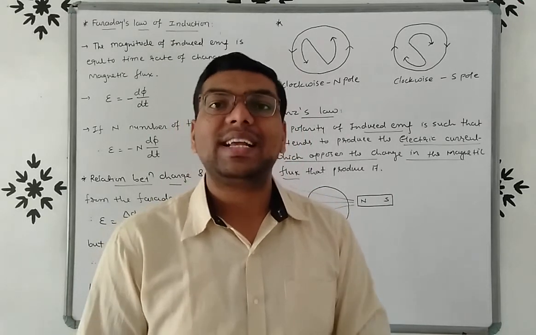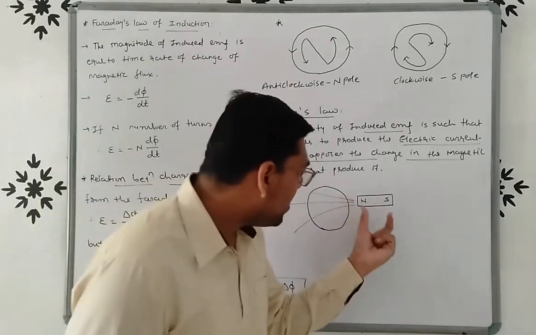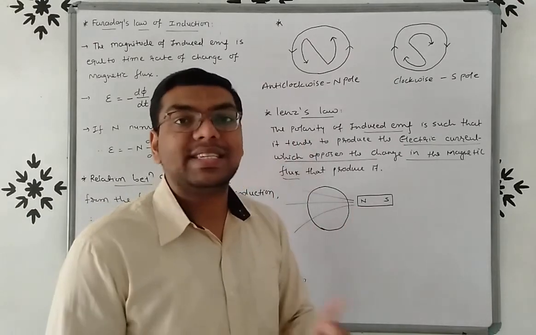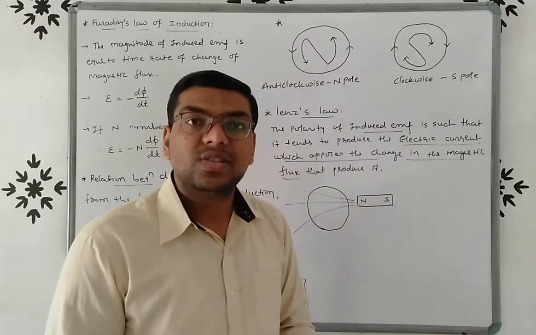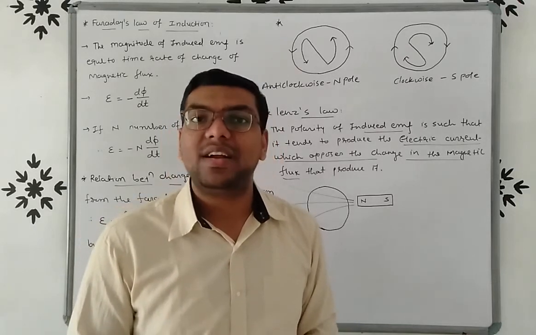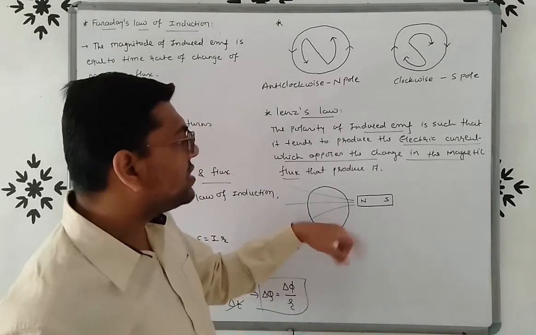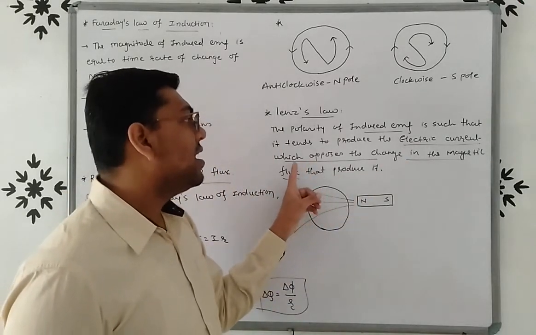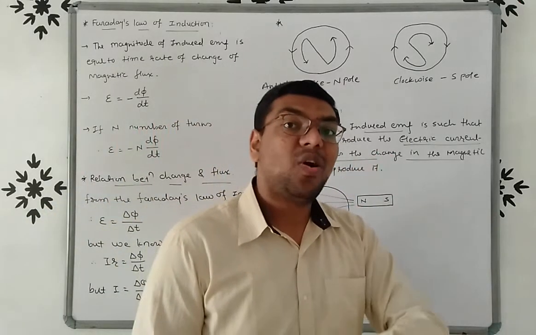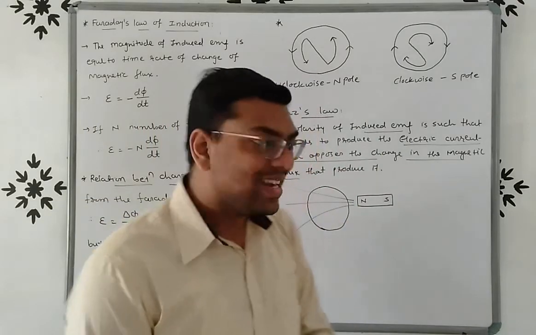Now here when we bring this magnet towards the coil, there is a change in magnetic flux. Due to the change in the flux, we know that electric current is produced. But here the electric current is produced in such a way that it opposes the change in flux. Now we know that north poles repel each other, right?